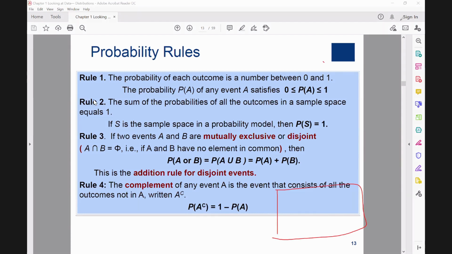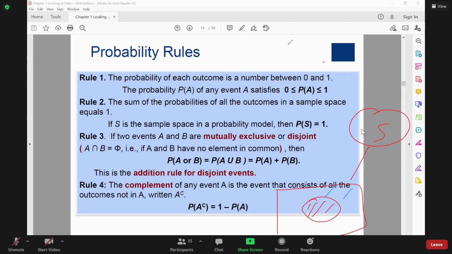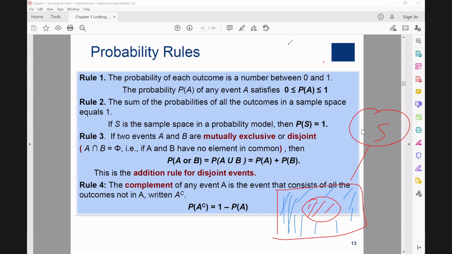of A, that means the complement exactly. That means once this is A, this is the sample space, then the complement of A is the remaining part. That means once we are outside A, the complement of A is equal to X in the sample space such that X is not in A. The complement is the outside part.